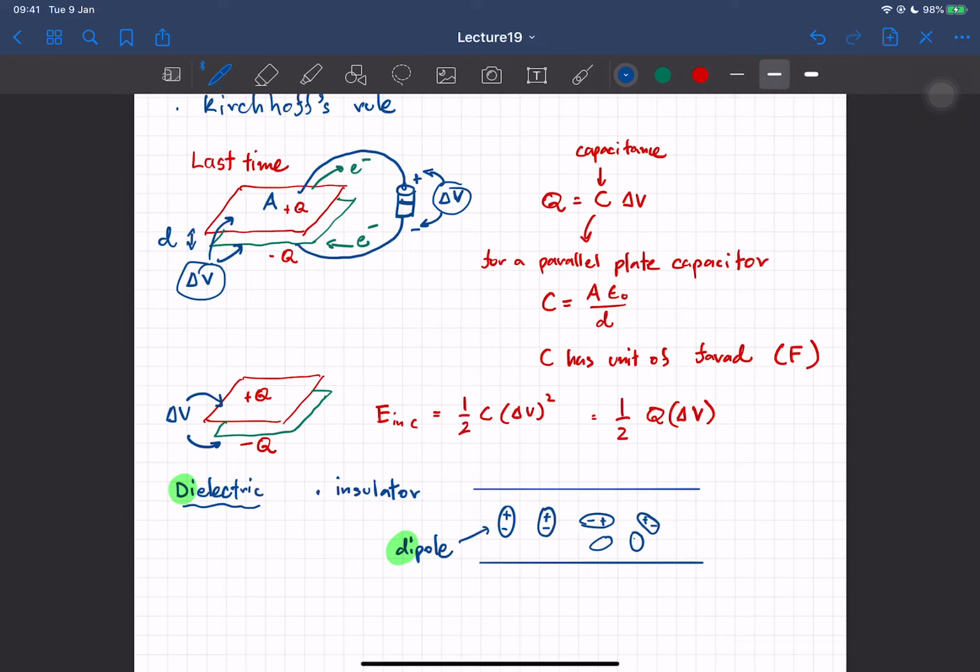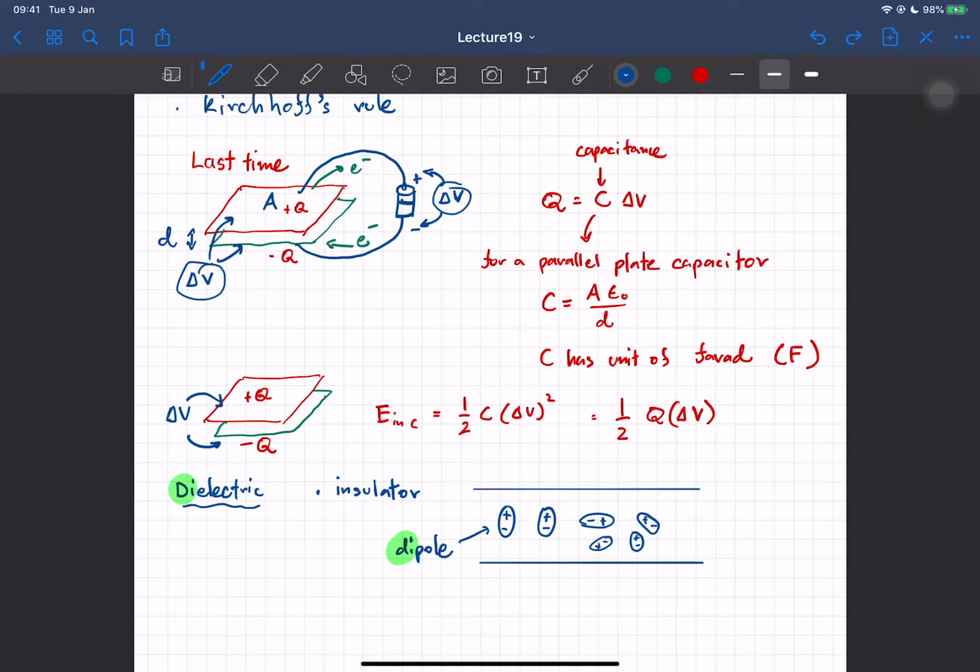It's kind of like grains of rice or something like that, randomly oriented in this material, but it can only rotate. It cannot move. This thing cannot move around, but it can rotate.